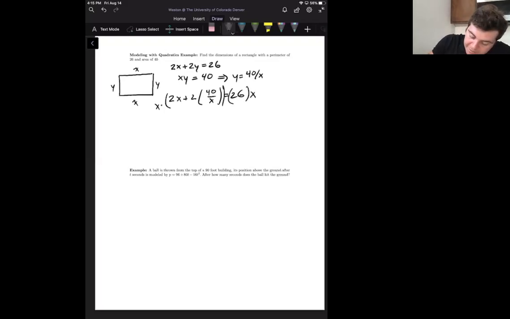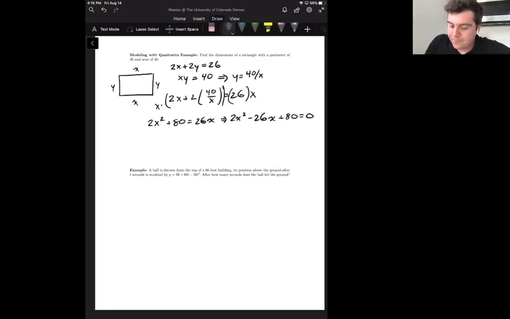we find that we have 2 times x squared plus 80 equals 26x. And we'll subtract the 26x to the other side to find that we have 2x squared minus 26x plus 80 equals 0.